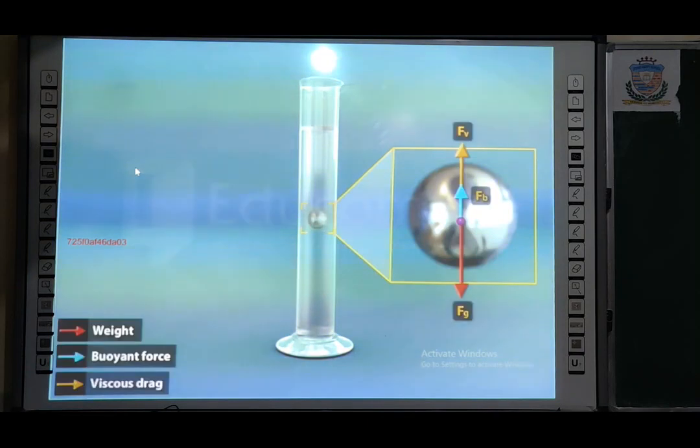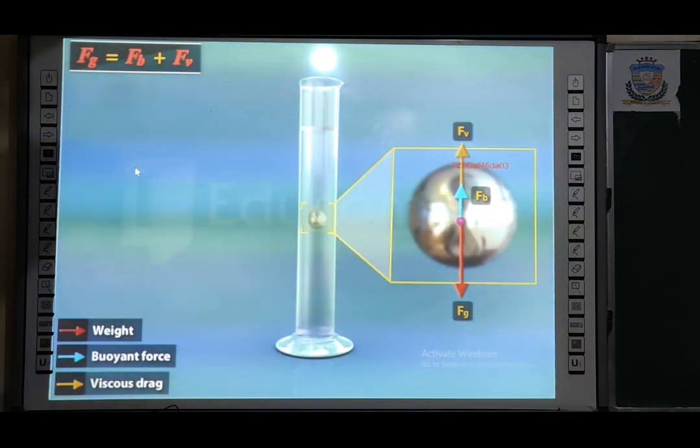Showing all the forces acting on an object at an instant in a drawn diagram is called the free-body diagram. The free-body diagram gives us the force equation: weight is equal to buoyant force plus viscous drag. This equation is solved to find the terminal velocity.